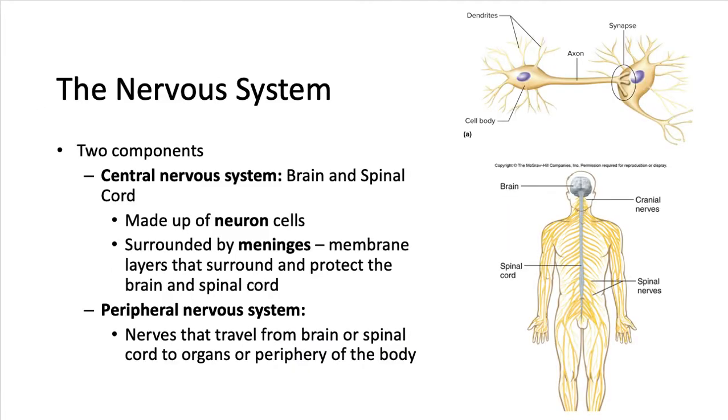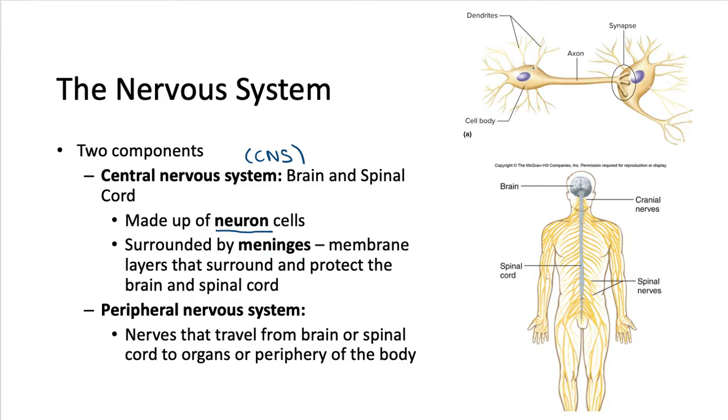Let's begin with that. The nervous system is composed of two major parts. The central nervous system, or CNS for short, consists of the brain and the spinal cord and the membrane layers that surround those brain and spinal cord. The neurons are the nerve cells within the nervous system.